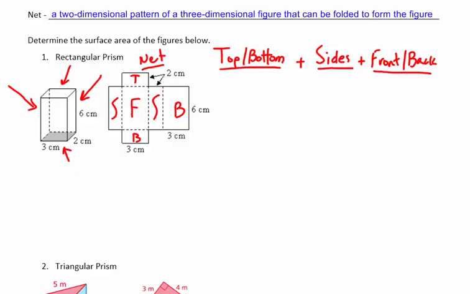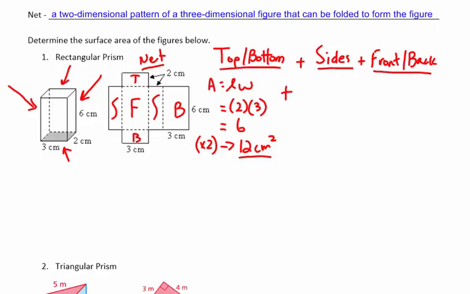So the top and bottom are rectangles, length times width. We have the length is 3, the width is 2. So the area of one of those is 6, but I have 2 of them, so I'm going to double this. That gives me 12 centimeters squared for the top and bottom.